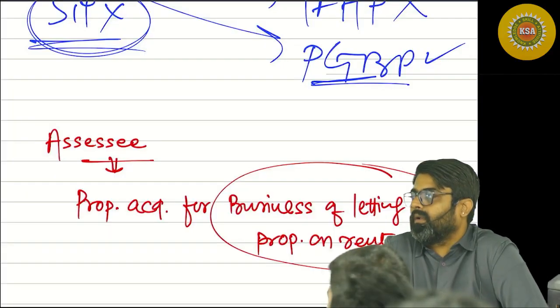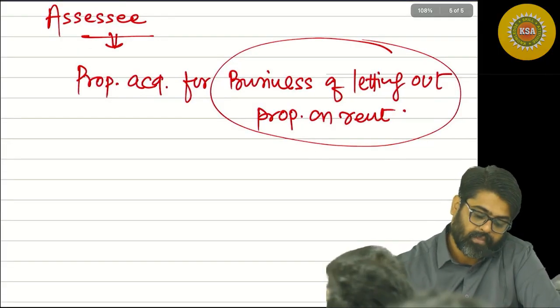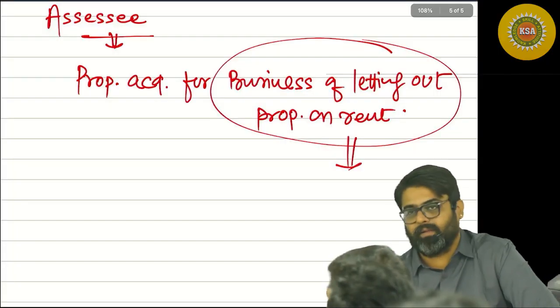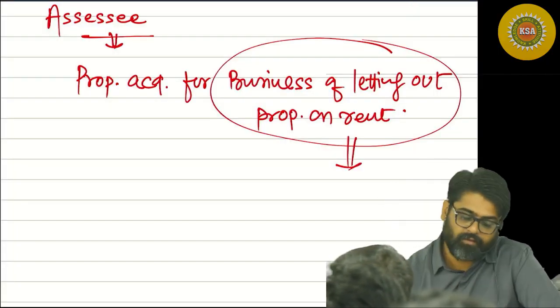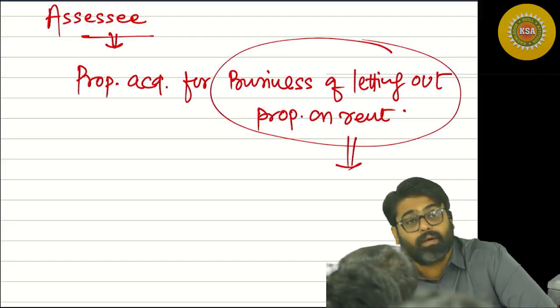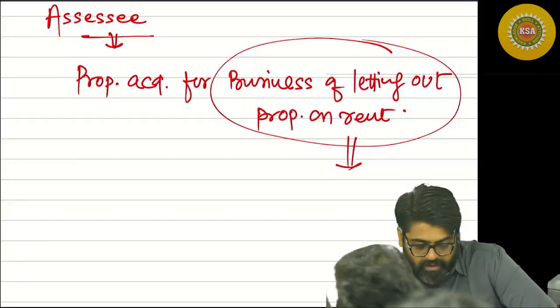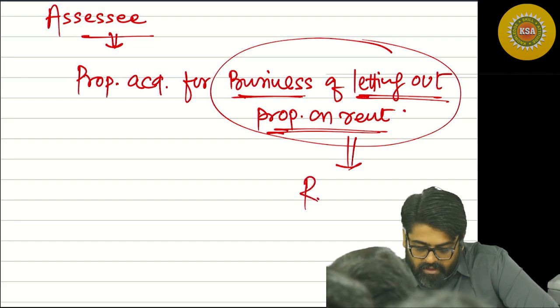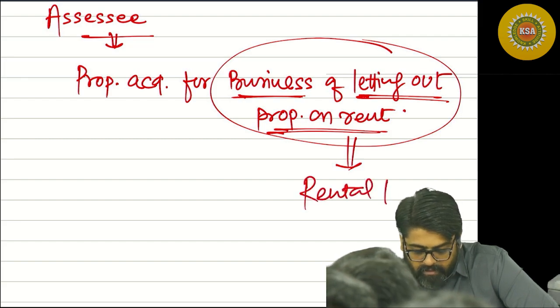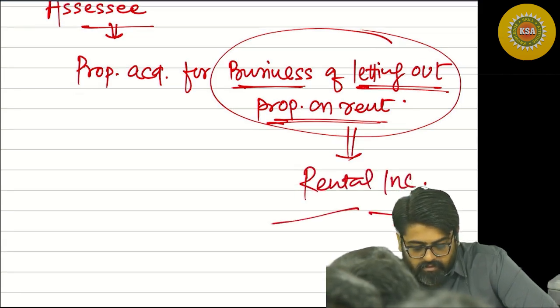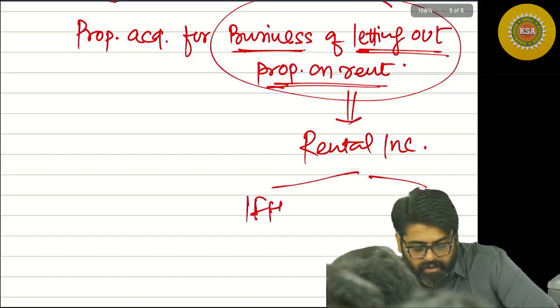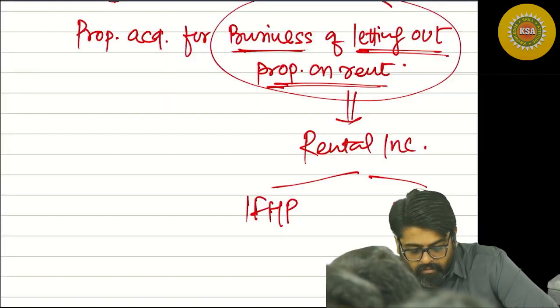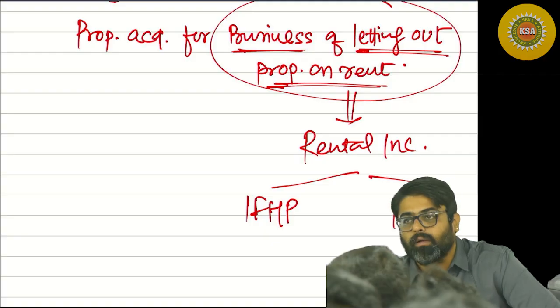Possible, not possible? So tell me, this property which is giving me rental income, this is my business, no? Business of letting out properties on rent. Now, if I let out these properties on rent, I will earn rental income. My question is, will this rental income be classified under the head house property or under the other head?